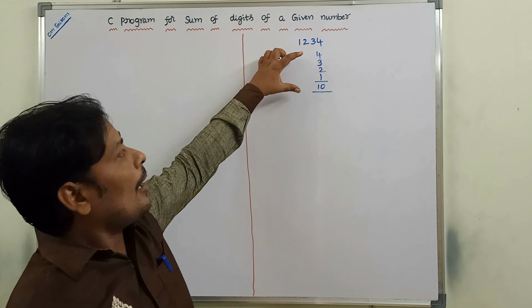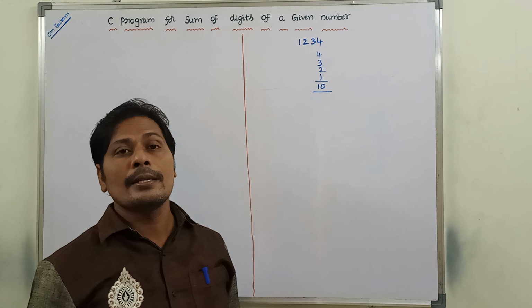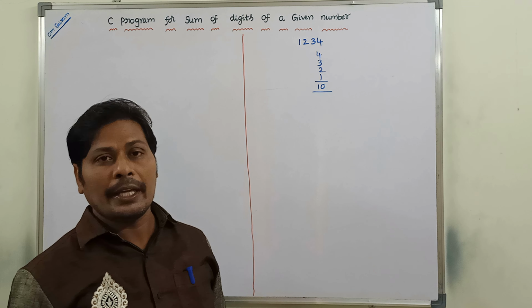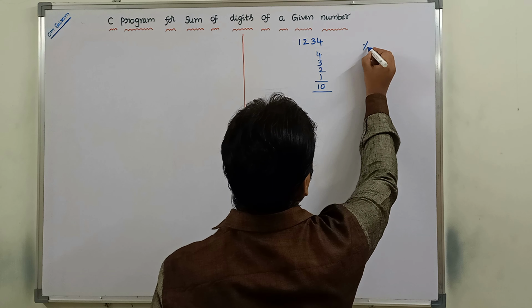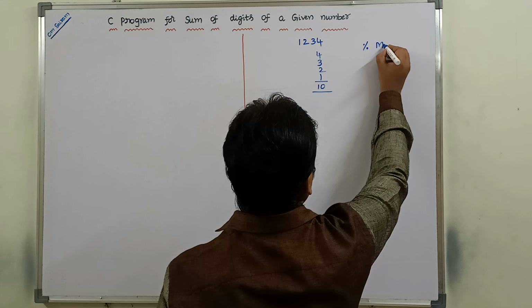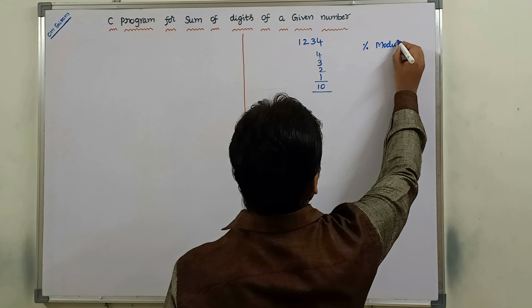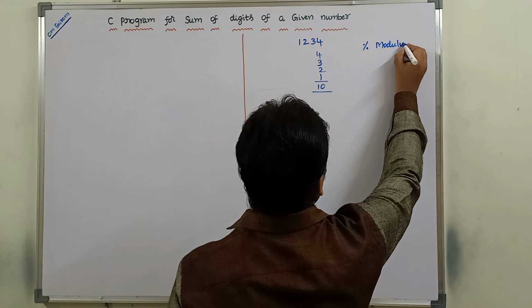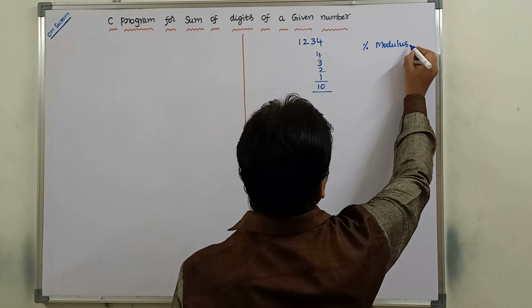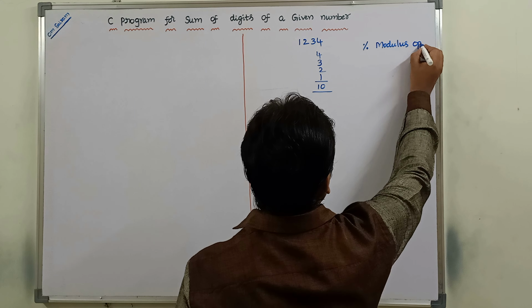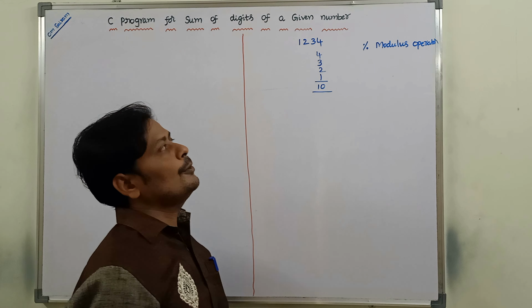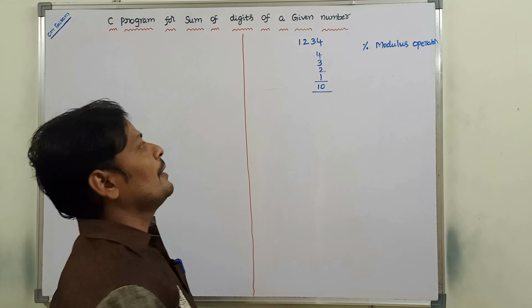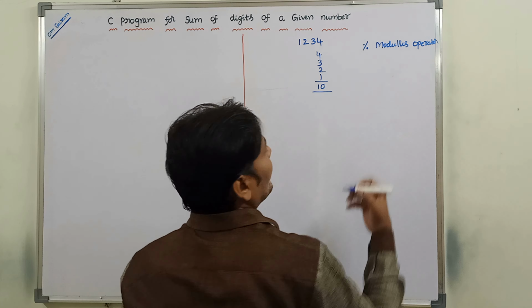First, how do we find the individual digits of a given number? For that, we use the modulus operator. By using the modulus operator, we find the individual digits of a given number.